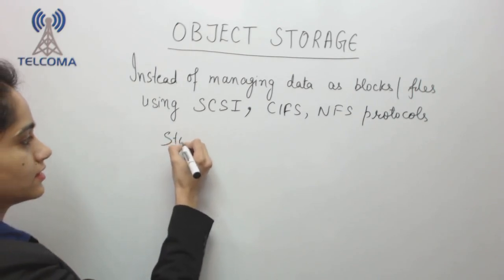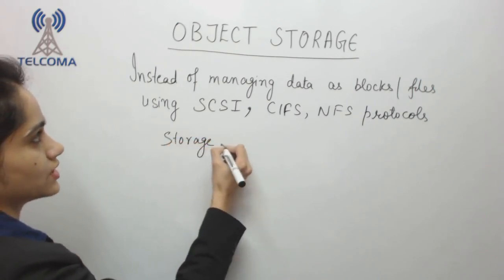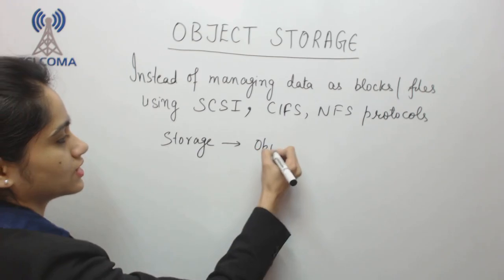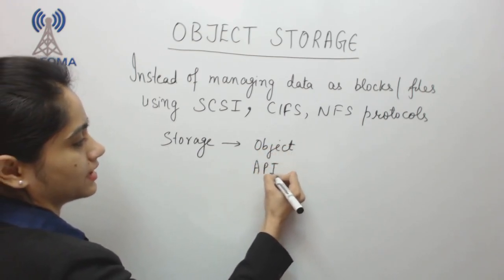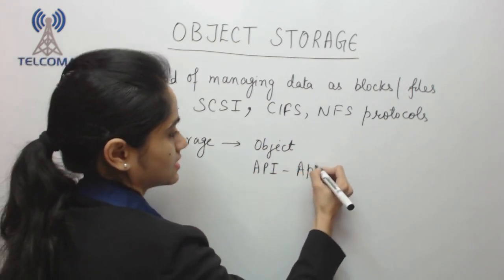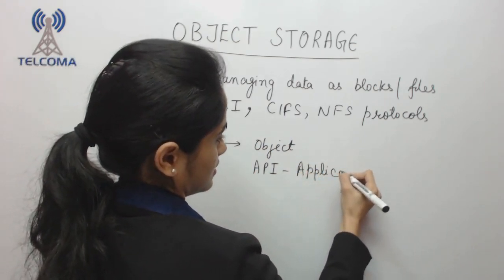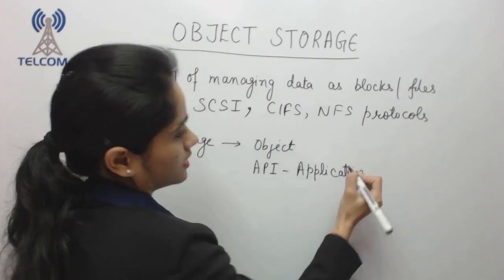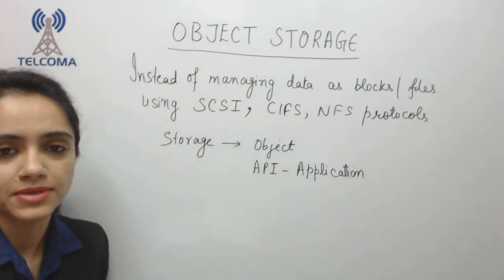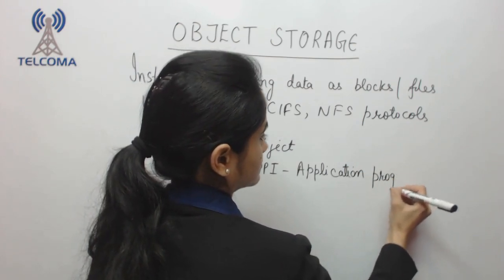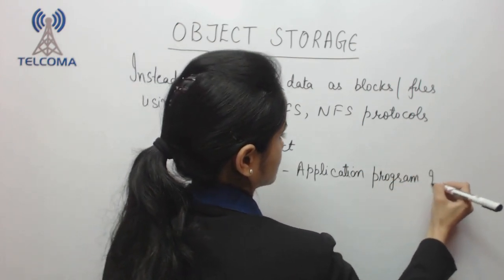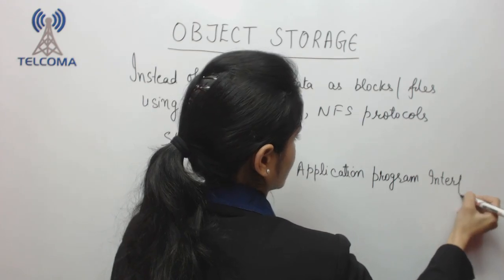Now here with S3 we have object storage with a proper API. API stands for Application Program Interface.